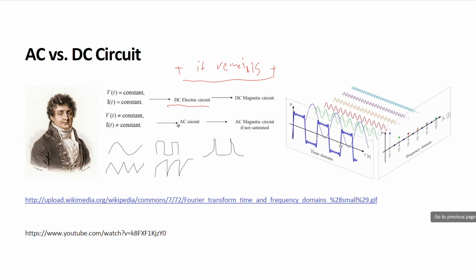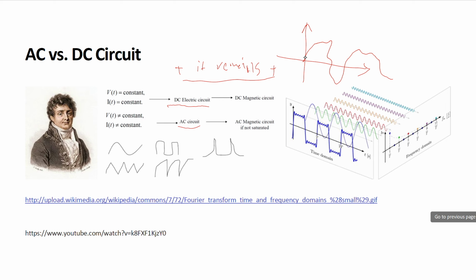But for AC analysis and AC signals, we have a signal that changes polarity. So if you have an arbitrary voltage, the voltage would change polarity at certain times.